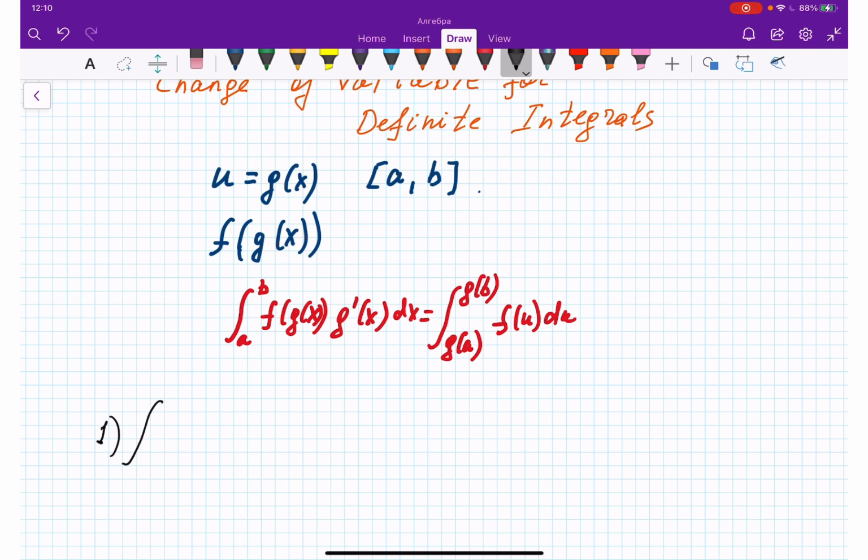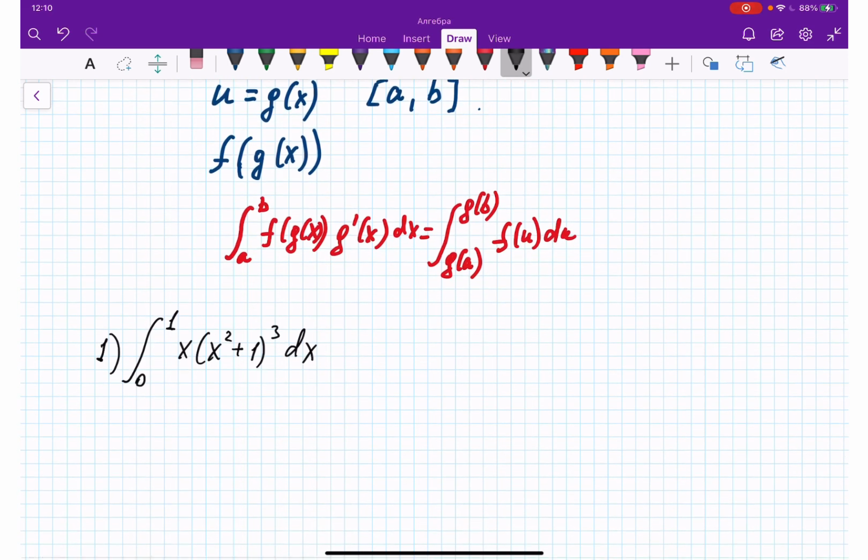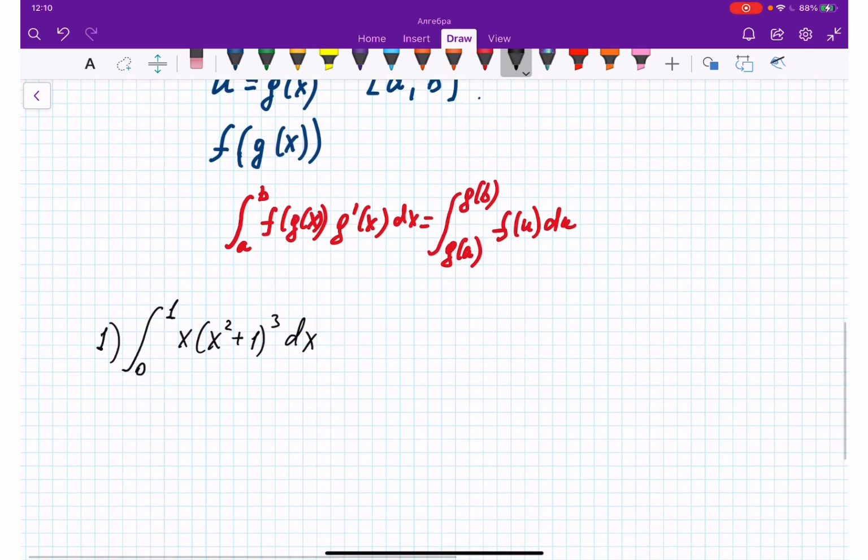We have the integral from 0 to 1 of x times (x squared plus 1) cubed dx. To evaluate this integral, we are going to take u as x squared plus 1. Then we obtain du, which is going to be 2x dx.